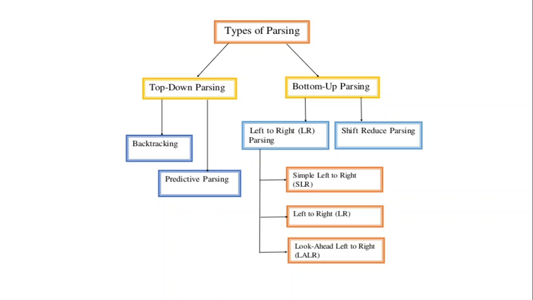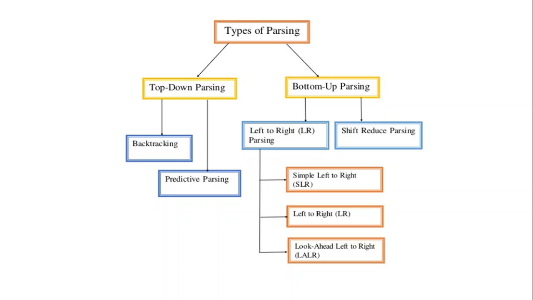So parsers are of two types: the top-down parser and the bottom-up parser. The top-down parser can be further divided into two parts, that is backtracking and predictive parsing.